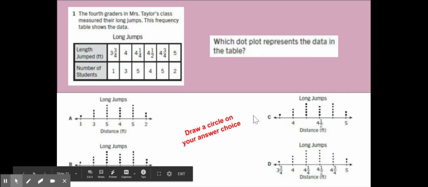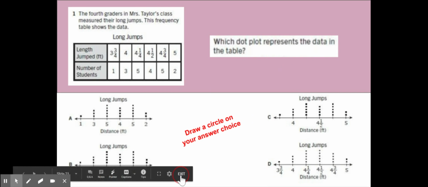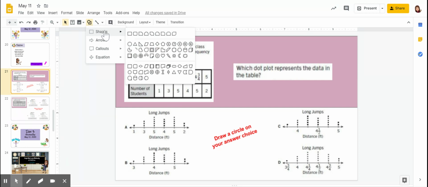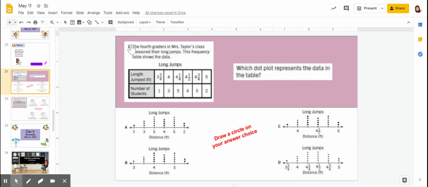So what you are going to do is draw a circle on your answer choice. What you should be able to see is when you are in edit mode, you should be clicking this button, click on shapes. Now, if you'd like to click on arrows to point to C, that is okay. I prefer circles.